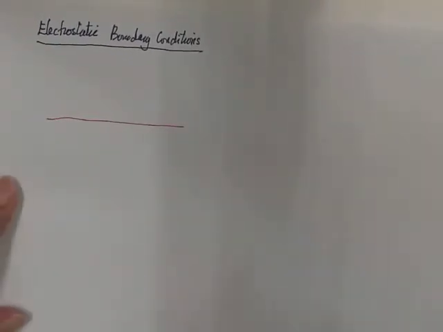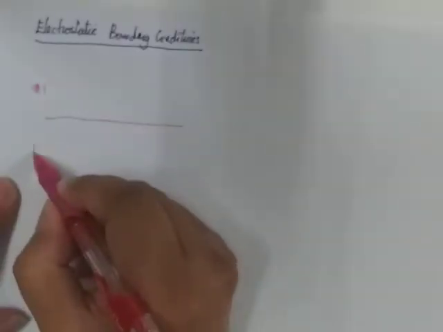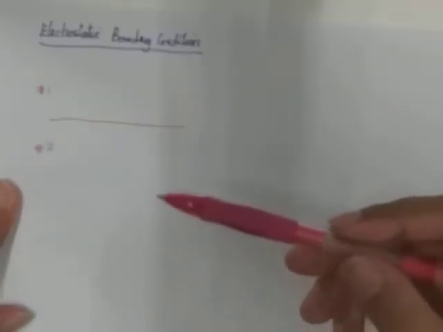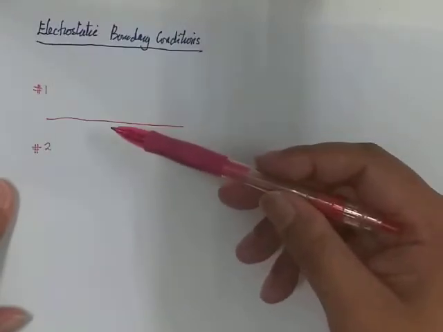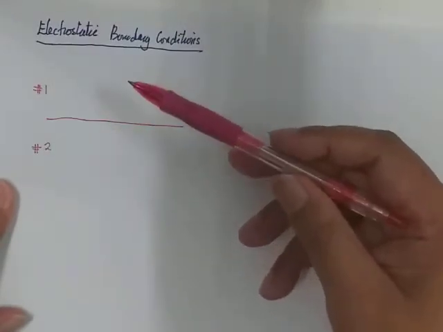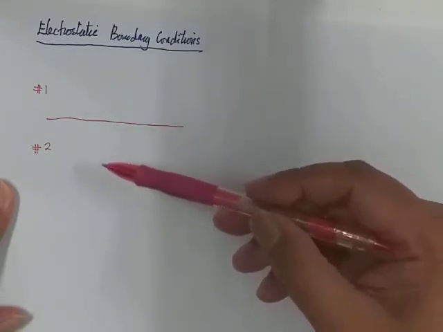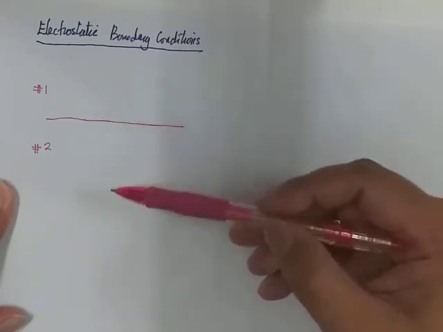Assuming the upper region is known as medium number 1, and the lower region is number 2. So from this simple diagram, we know that we are dealing with a boundary separating two different media. The upper region consists of medium number 1, and the lower region consists of medium number 2. So they are different media now.